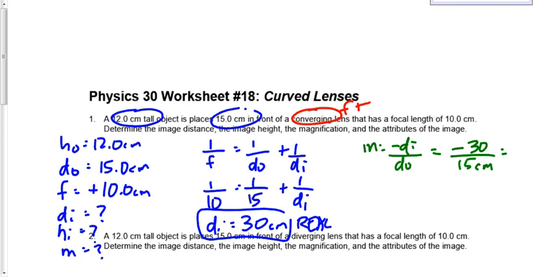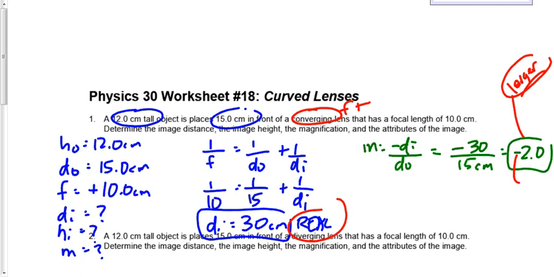Negative 30 divided by 15 gives me negative 2.0. No units, because the units cancel out, just negative 2.0. If the magnification is bigger than 1, we have a bigger image. If the magnification is less than 1, we have a smaller image. So we got 2 of our characteristics: it's real and it's larger.